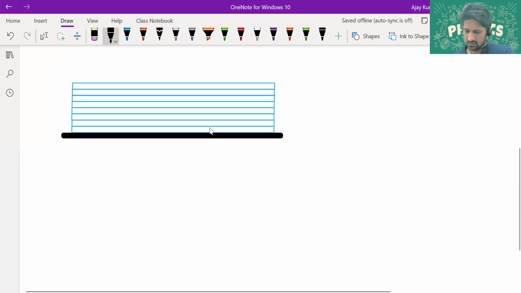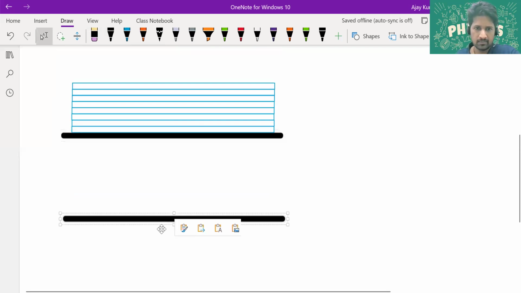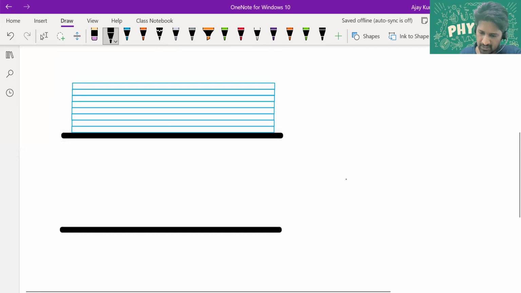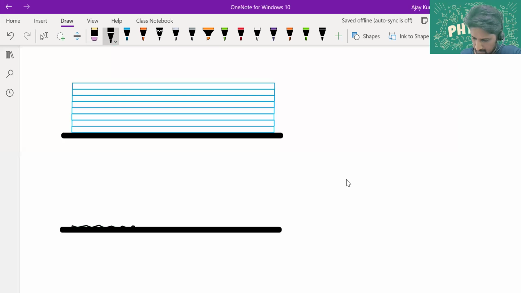Now, due to roughness of the surface on which the fluid is flowing, consider the surface being rough like this. At the molecular level, random roughness will be there. Now, the first set of fluid molecules which are in contact with the surface gets locked in those grooves, in the roughness of that surface.